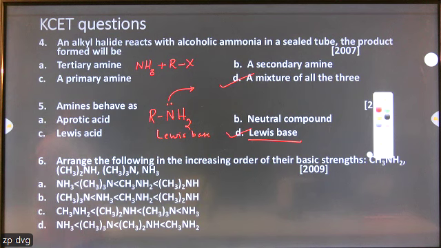See, as I told you, primary amines are more basic than ammonia. This is because of the plus I effect of the methyl group. More the number of alkyl groups or methyl groups, more is the basic character of that amine.